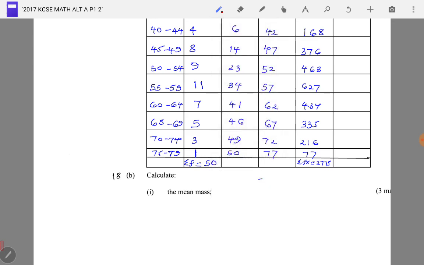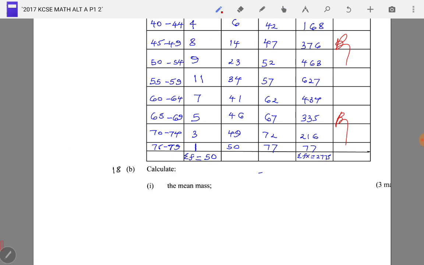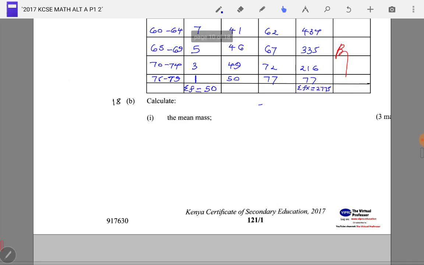So in this case, if the values are correct, then you shall get B1 and B1. Question 18b, part 1: calculate the mean mass.